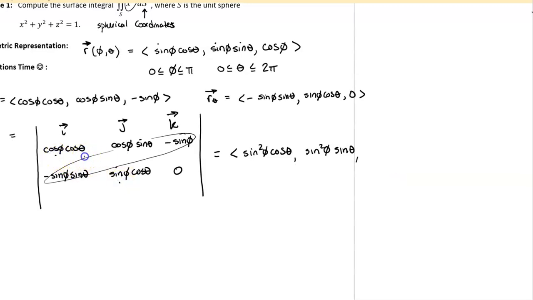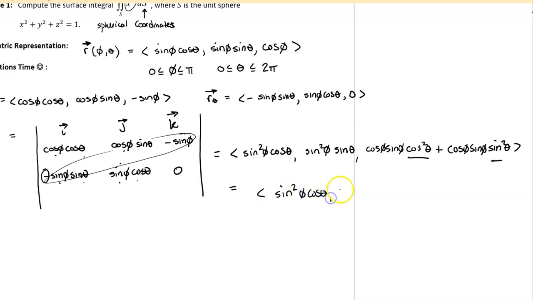So we have cosine phi, sine phi, cosine squared theta, minus negatives, that's going to be plus cosine phi, sine phi, sine squared theta. And you'll notice with the two things in front of the cosine squared and sine squared of theta, that is actually going to simplify to sine squared phi cosine theta, sine squared phi sine theta, and then cosine phi sine phi.